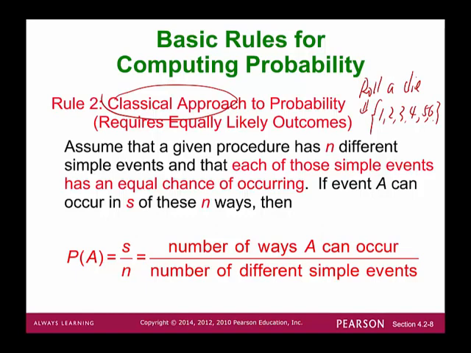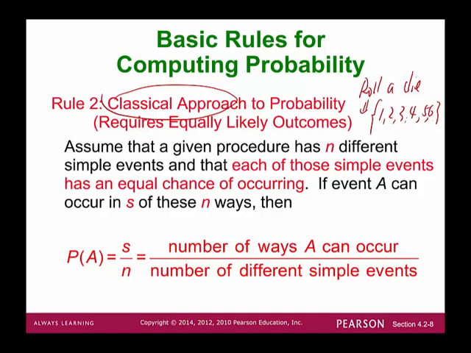Assuming that a given procedure has n different simple events, and each of these simple events has an equal chance of occurring. If event A occurs in s of these n ways, then the probability of A equals s over n. Number of ways A occurs over the number of different simple events.